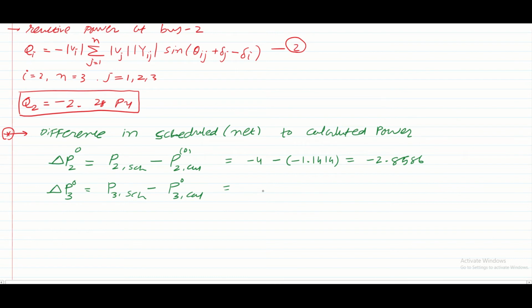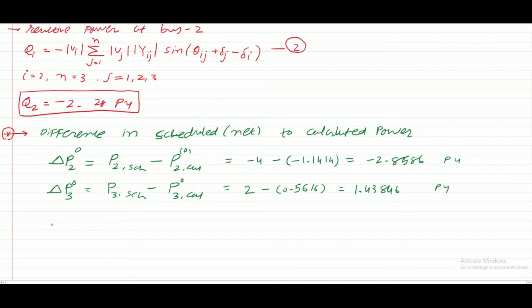So we'll write 2 minus 0.5616, which is equal to 1.43846. Okay, these are the values in per unit.